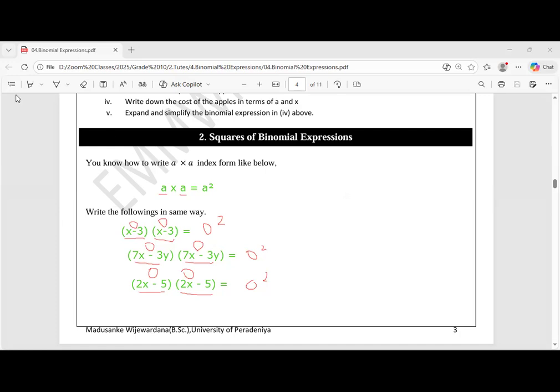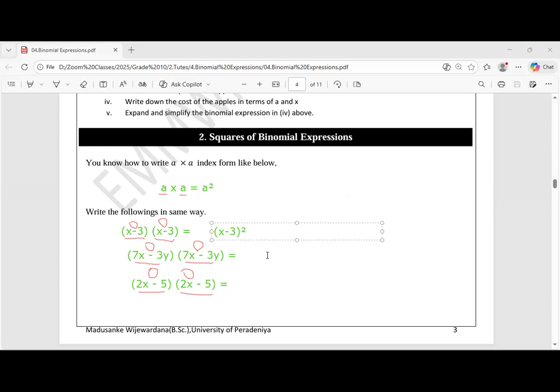I hope you have done this. Now I will write down the answer. This is x minus 3, x minus 3. Both of them are equal expressions, so x minus 3 to the power 2.